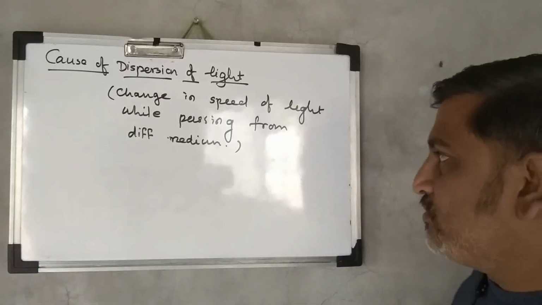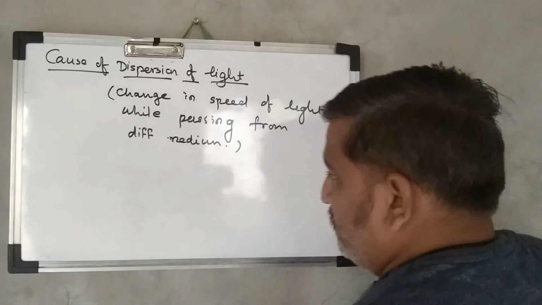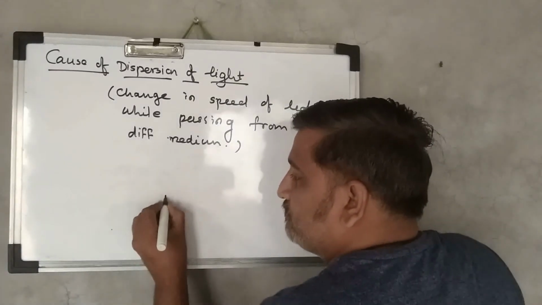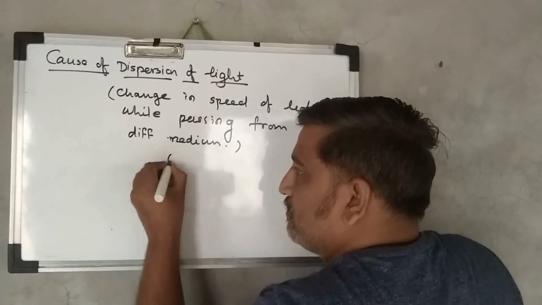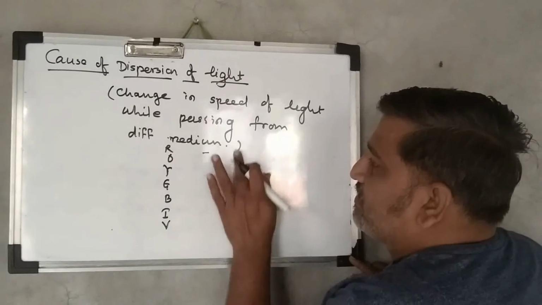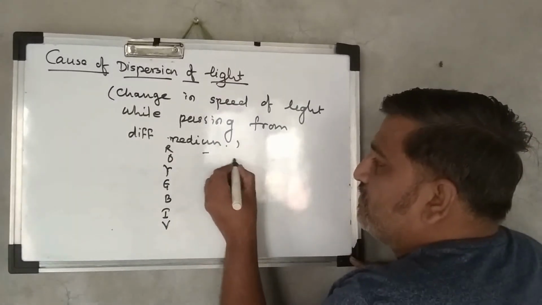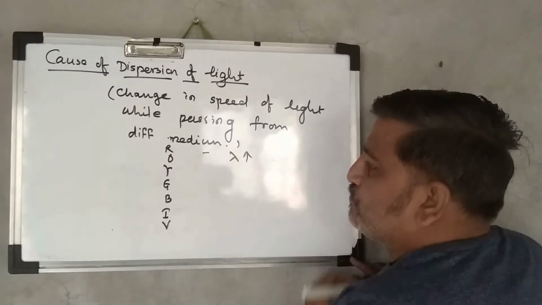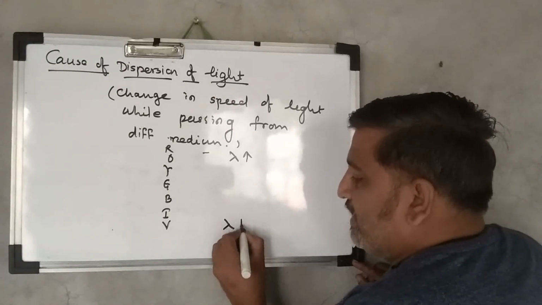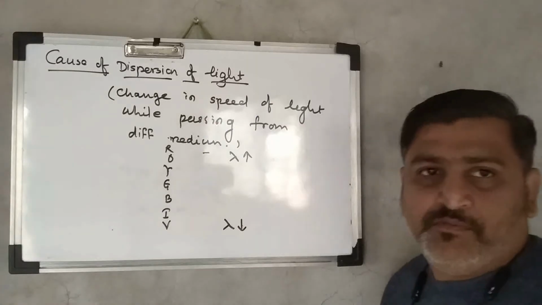Okay, now we know the colors as VIBGYOR. According to this, the wavelength of the red color is maximum, while the wavelength of the violet color is minimum.